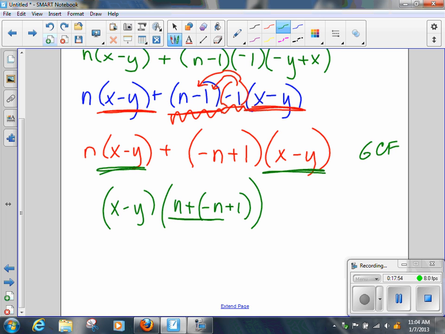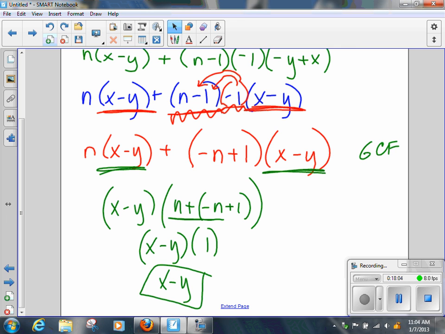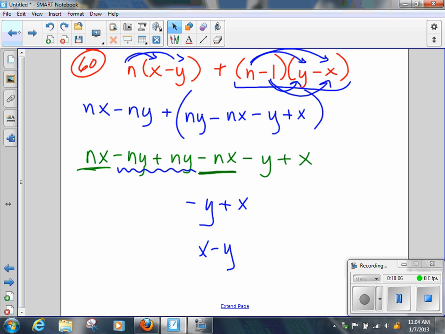My n's will cancel out, and I'm left with x minus y times 1, which is x minus y. Do you see how there's more than one way to skin a cat? That's kind of cool.